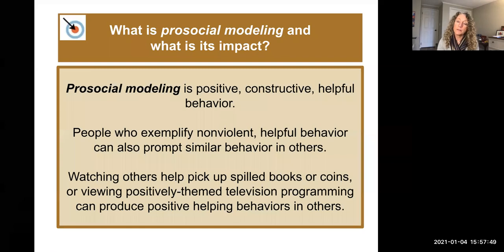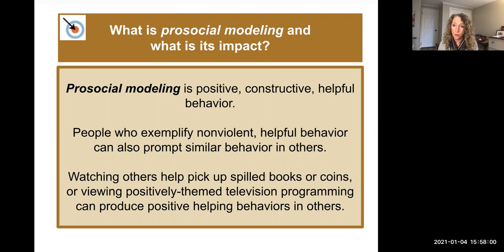All right, so the last couple of things we're going to talk about is the effects of imitation and modeling when we observe somebody doing something positive, constructive, and helpful. Does it have an influence? Will we model and imitate those same behaviors? And the answer is yes, we will. Not in every case, but in many cases. We call this pro-social modeling.